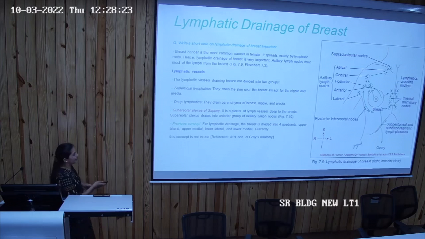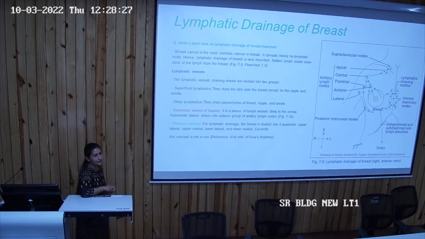The mammary gland is drained through the superficial lymphatics and the deep lymphatics. The superficial lymphatic drainage is just draining the skin of the mammary gland, leaving the areola and the nipple. While the deep lymphatics will drain the whole of the parenchyma. So the major responsibility comes to the deep lymphatics.